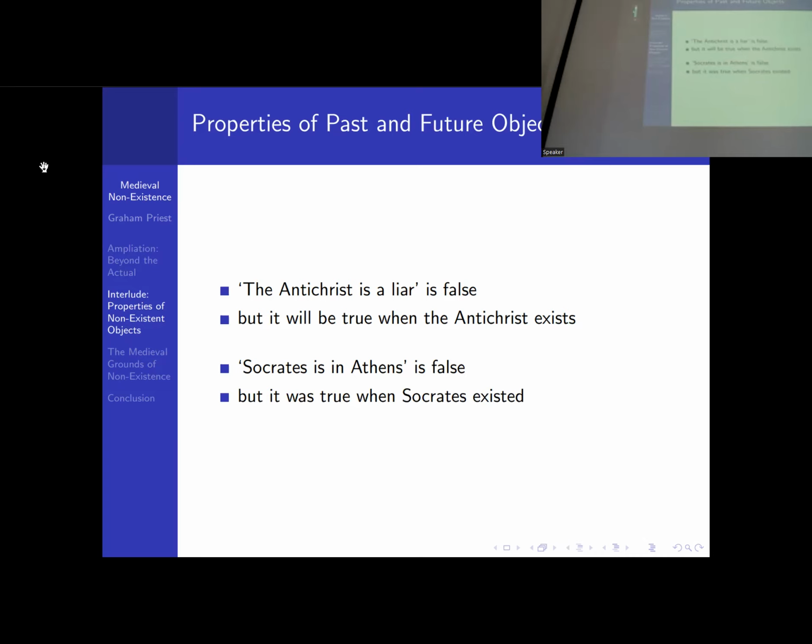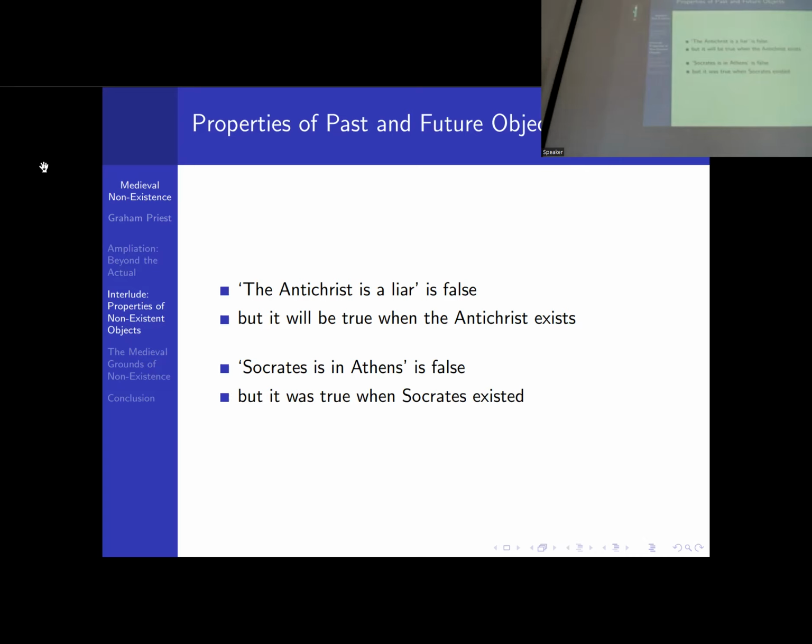Okay, so if you're dealing with tense and you're dealing with objects that do not exist but will exist or did exist, then the objects have their properties at the future time or the past time. Okay? So temporal ampliation was the first category that we talked about.